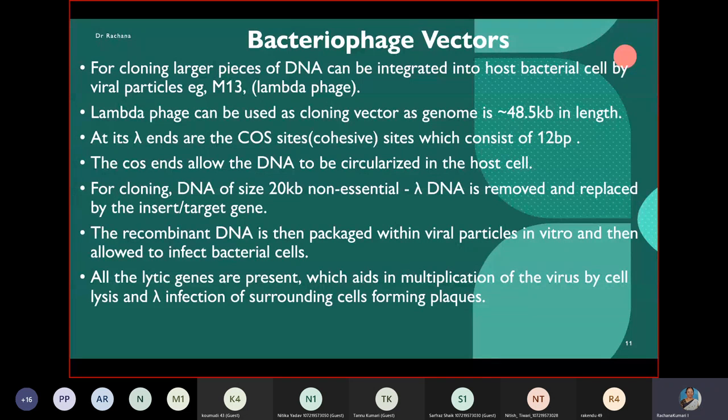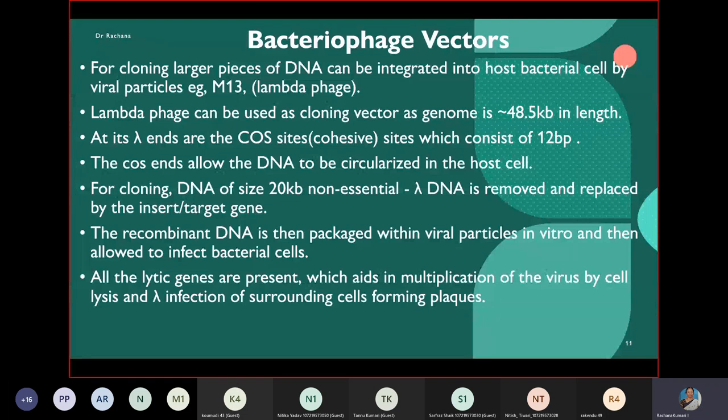So we have multiple copies of these progeny, and a single phage infection can yield approximately 200 progeny phages. It's a large number, just due to the infection of a single virus infecting a single bacterial cell, generating 200 progenies. So it's a massive number.